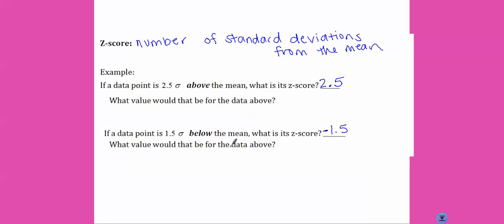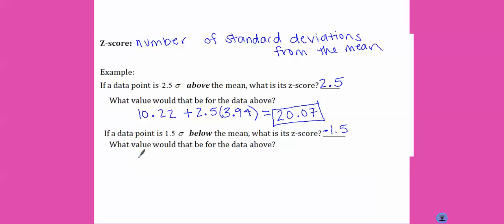So what would that value be for the data that we just had? Since we're going above or below the mean, we're going to start with the mean. Above, we'll add. We're going up 2.5, and then we'll multiply that with the standard deviation, so 3.94. And when we put that in our calculator, we get that it is 20.07.